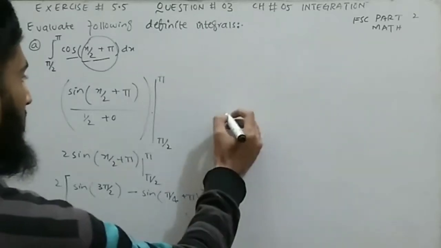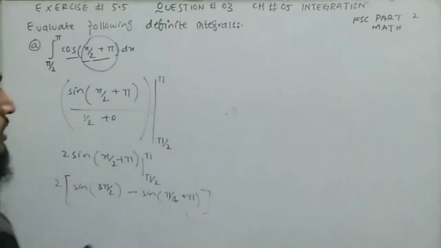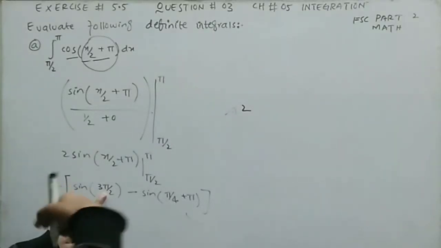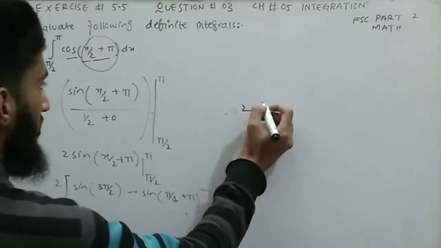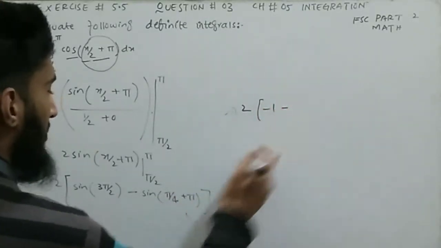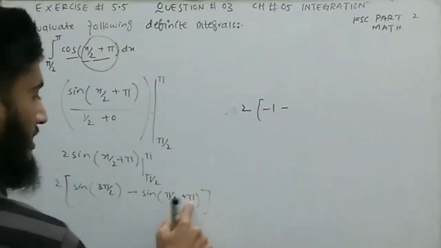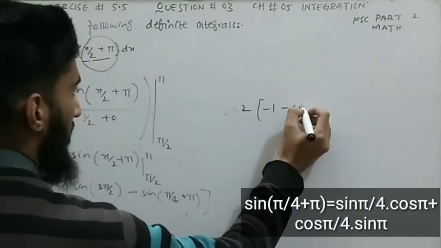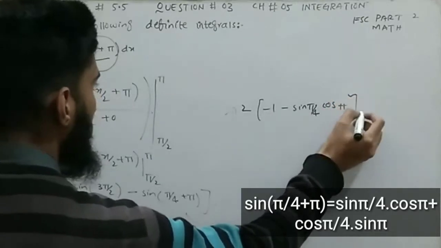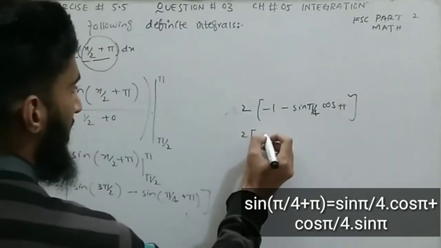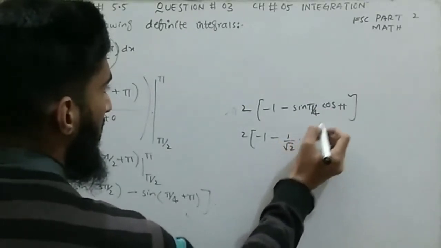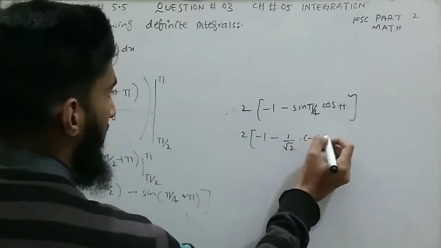Now by simplification it becomes 2 times sin 3π/2, which is sin 270 degrees, and sin 270 degrees is equal to -1, minus sin π/4 and cos π. Now it becomes 2 times -1, minus sin π/4, which is 1 over root 2, and cos π is -1.